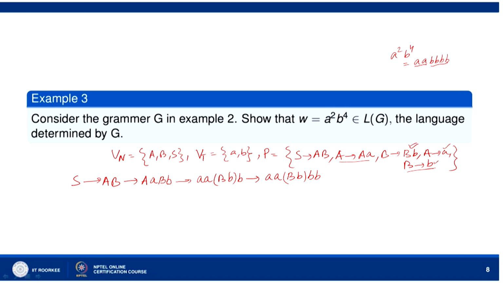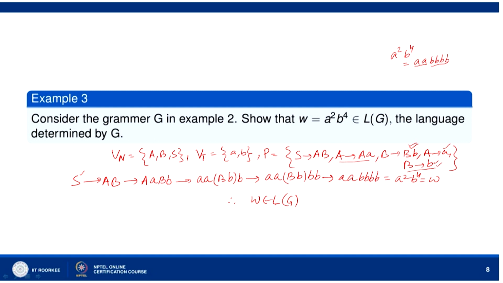Now, we can use this production rule B goes to b and we shall have aa, bbbb, which is equal to a square b to the power 4. So, this is W. So, you can see we have reached W using a finite sequence of production rules starting with the start symbol S, and therefore, W belongs to L(G).